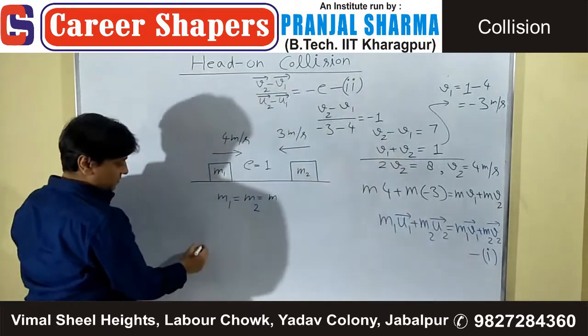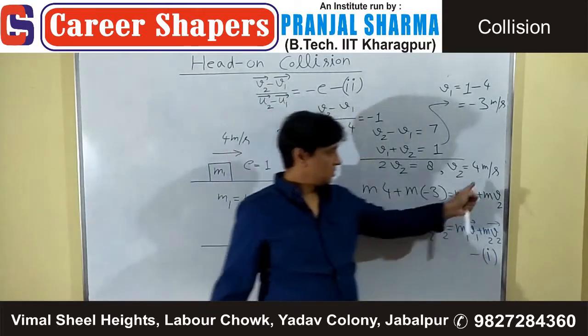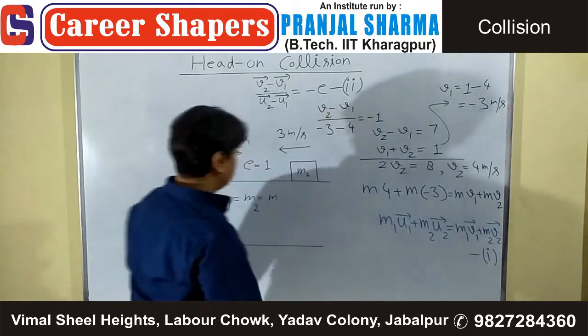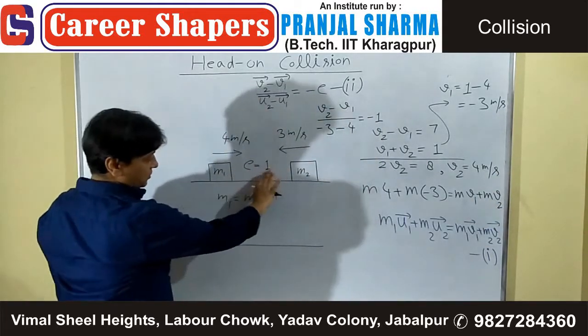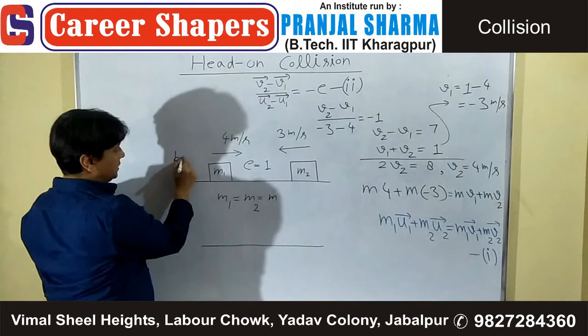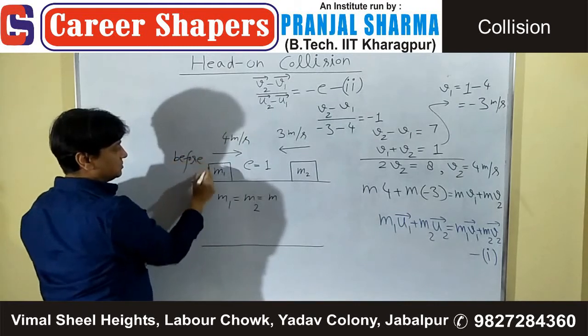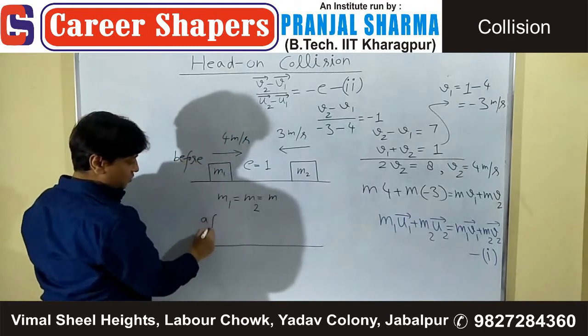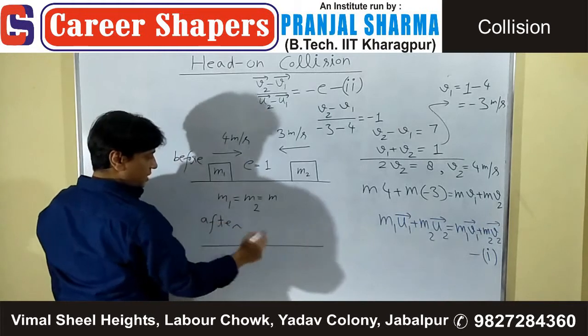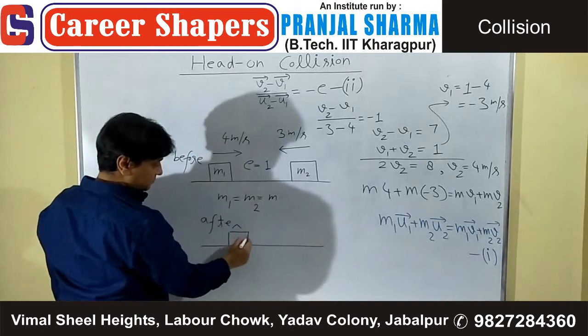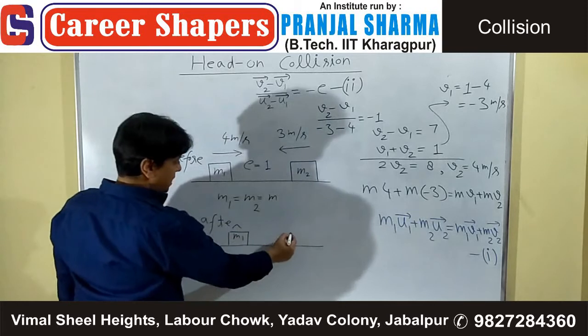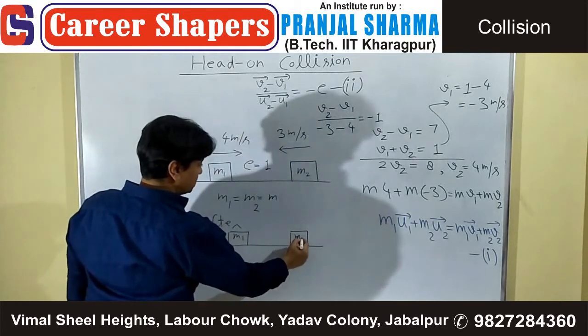What's the meaning of plus 4 and minus 3? What you see here is before collision. Now after collision, what happens? Look here. After collision, M1 and M2 are moving like this.